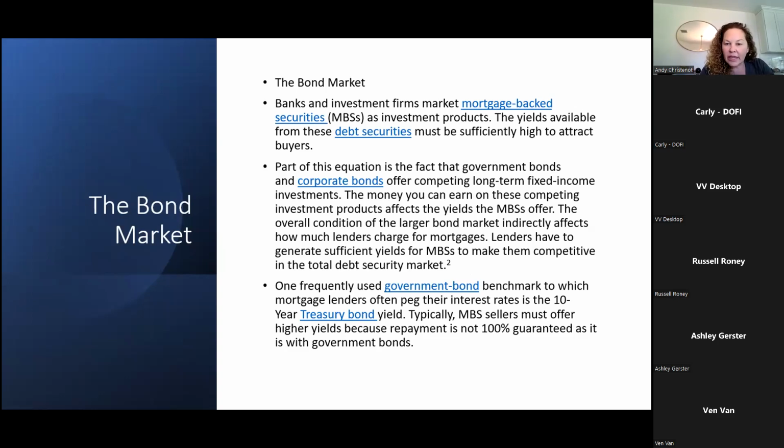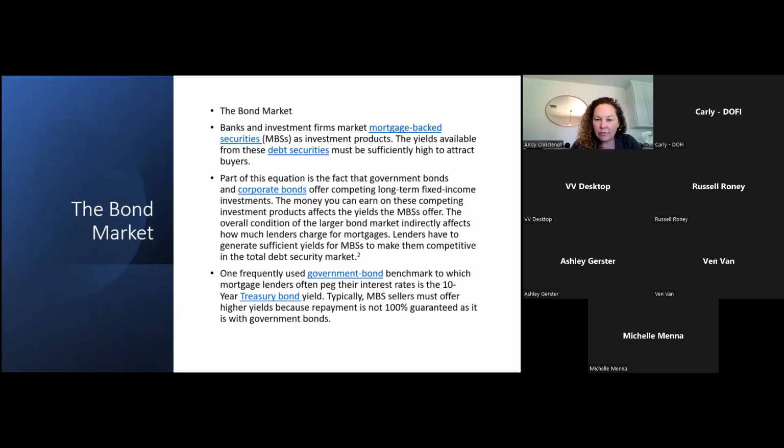So one frequently used government bond benchmark to which mortgage lenders often peg their interest rates is the 10-year Treasury bond. Typically, mortgage-backed security sellers must offer higher yields because repayment is not 100% guaranteed as it is with government bonds. So there's, like I was talking about before, investors making money and so forth.